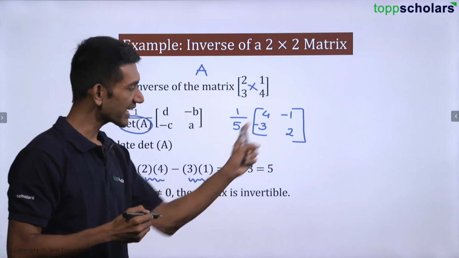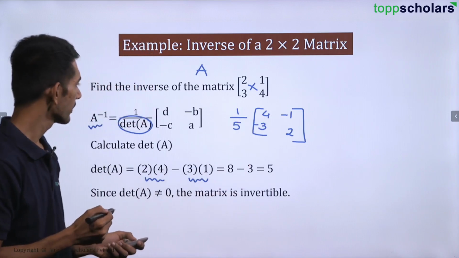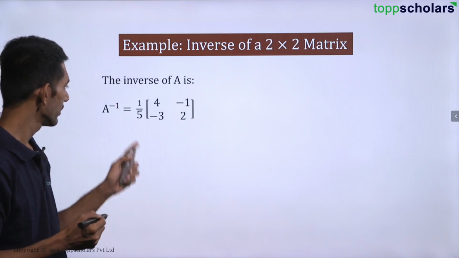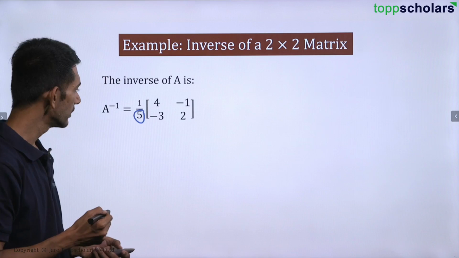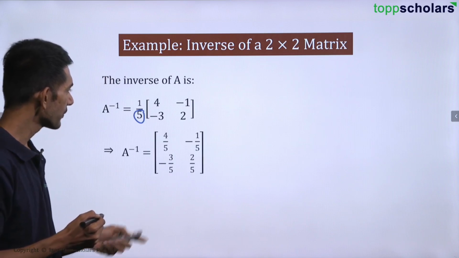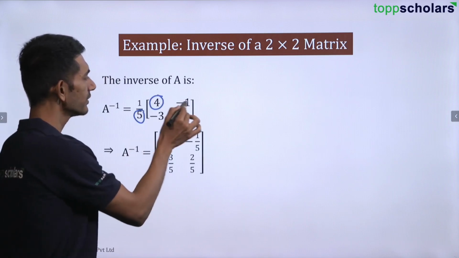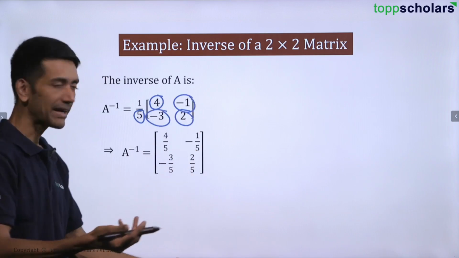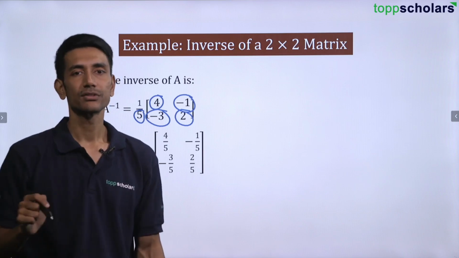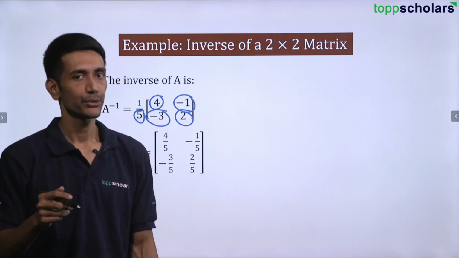Now 1 by 5 is a scalar, multiplied inside. So 5 will go to the denominator of every term. This becomes 4 by 5, minus 1 by 5, minus 3 by 5 and 2 by 5. That is your inverse. I hope this question is clear to you.